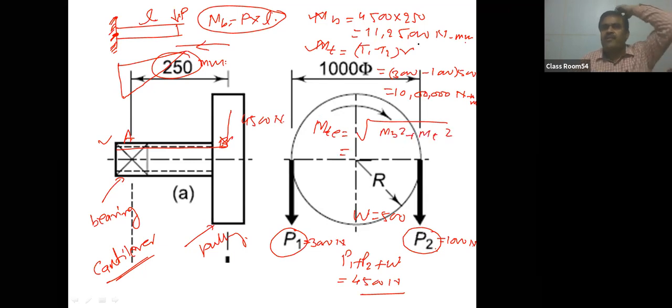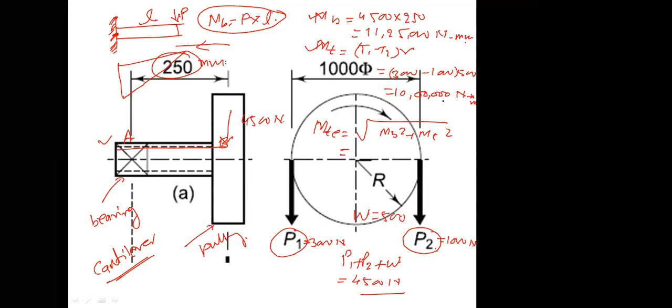MB is 11,25,000 and MT is 10 lakh. कितना आंसर आ रहा है बताइए. हाँ जी. 15,05,200.